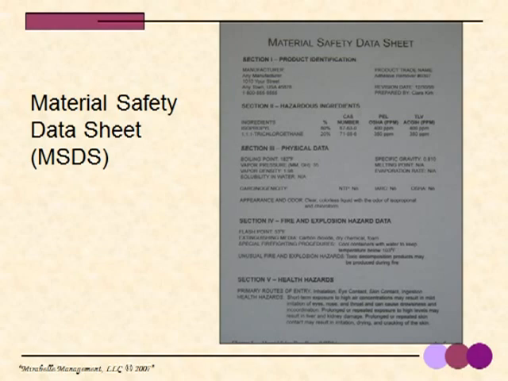The MSDS will include product identification, the hazardous ingredients it contains, physical data, fire and explosion hazard data, health hazards in using these products, emergency first aid, reactivity data, spill and disposal procedures, safe handling and use information, as well as any special precautions. Please become familiar with your MSDS procedures in your organization.